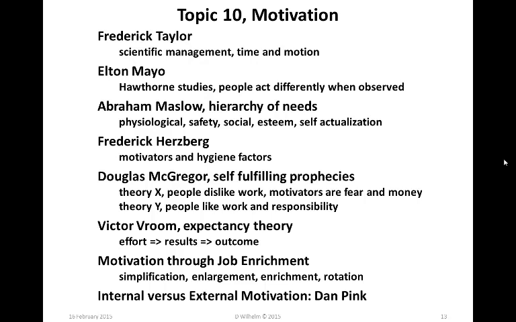The difference between enrichment and enlargement is that enlargement is just adding more stuff. Enrichment is adding some different stuff. And certainly job rotation is a chance to get away from boredom, or a chance to learn some new skills.